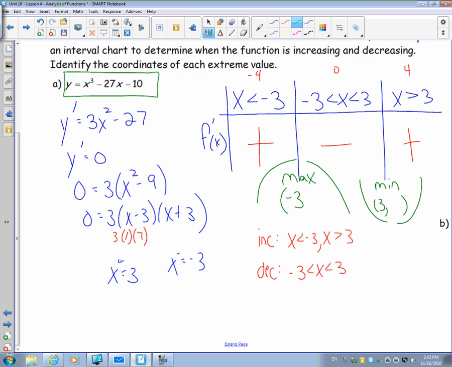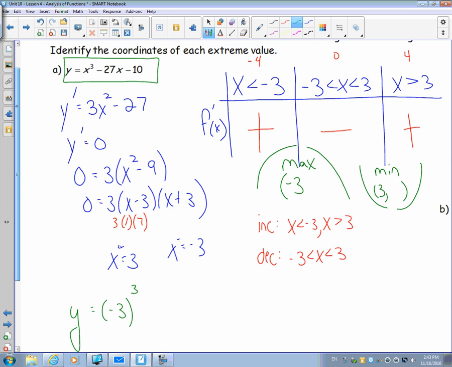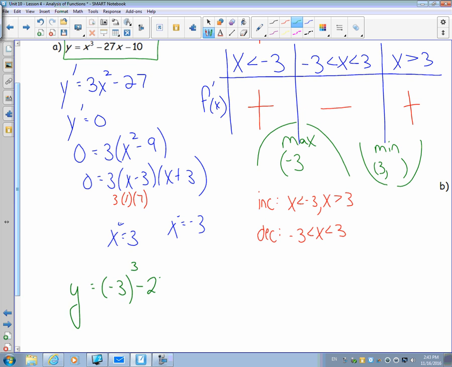So for instance, we'll do the -3 one. We'll get -3 cubed minus 27 times -3 minus 10. You can punch that all into your calculator just the way it looks, and you should get 44. So I have a max at -3 and 44.